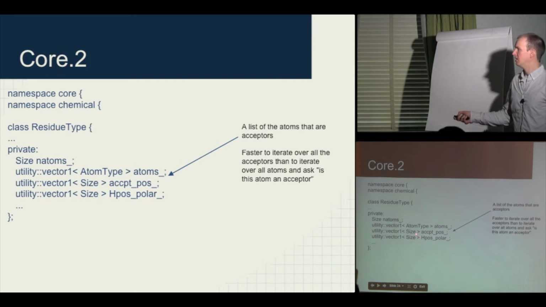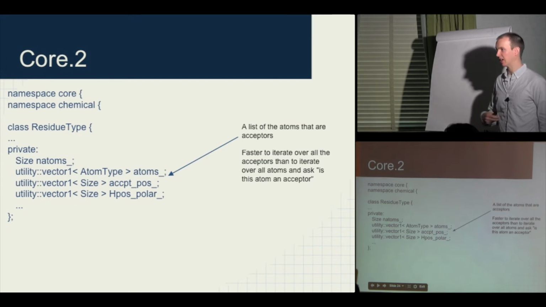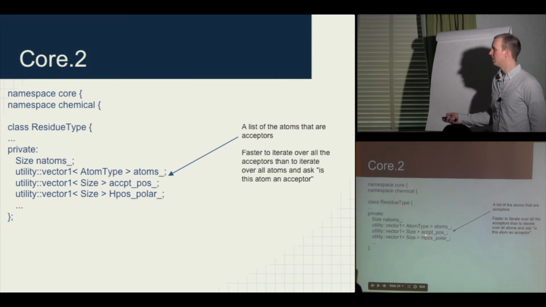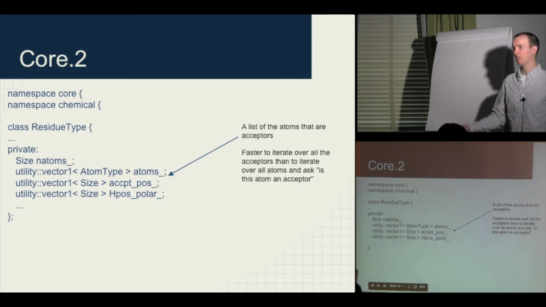You'd also have arrays giving you indices of some of these atoms. So this would be a subset of the atoms that all share a certain property. For instance, this array gives you the acceptor positions, the indices of the atoms that are acceptors. This is an array giving you the indices of the atoms that are polar hydrogens.